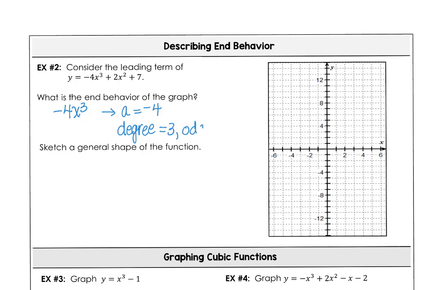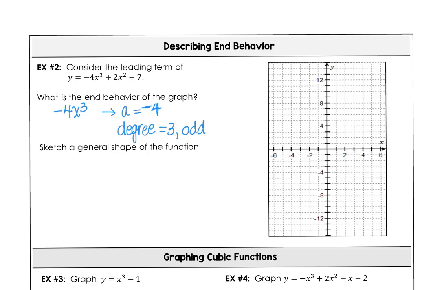It's an odd function. So normally an odd function begins low and ends high. But this one is negative, so it's going to do the opposite. This one is going to begin high and end low.